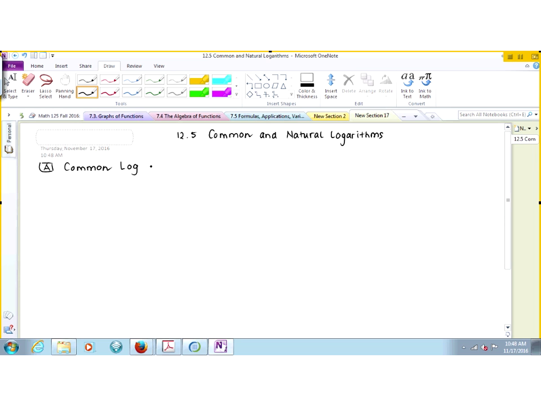So common log is a log with base 10. So if I write log x, this is actually log base 10 of x. So if there is no base, then the base is 10.